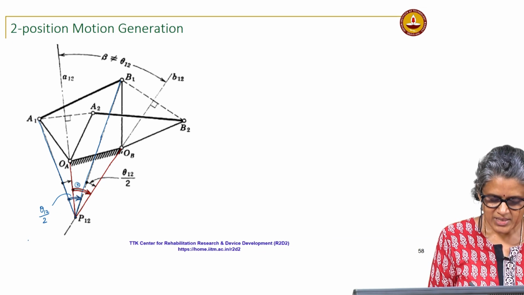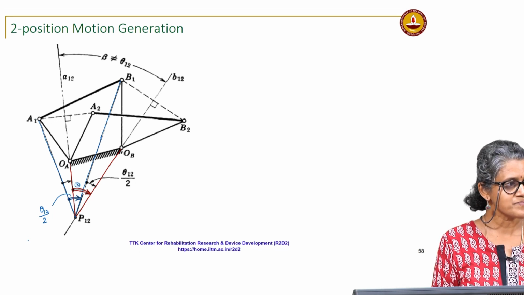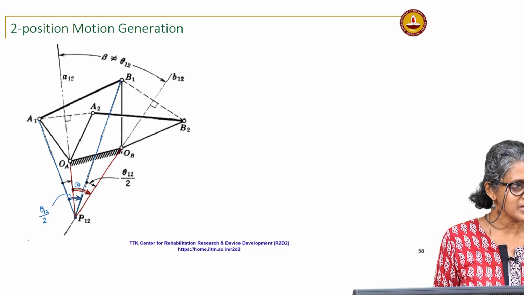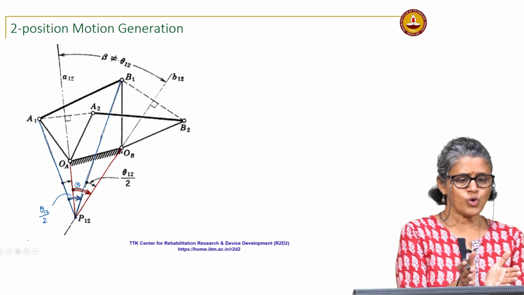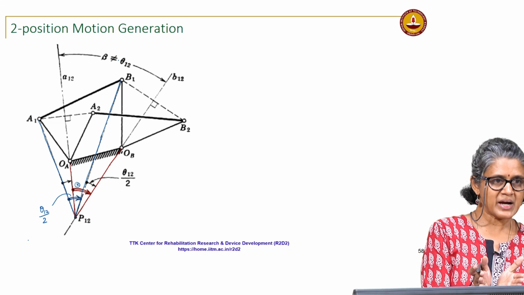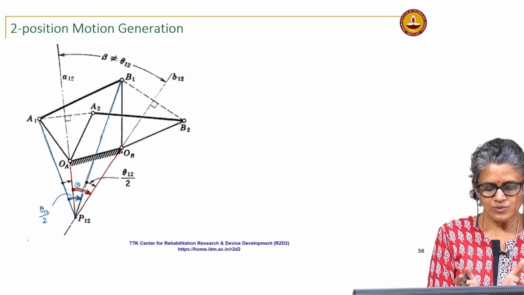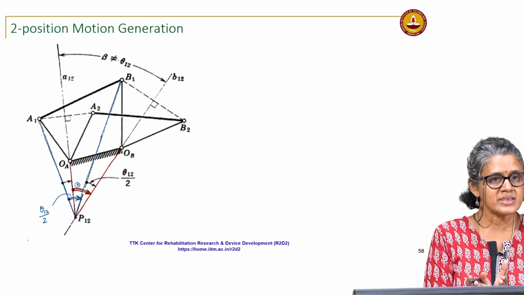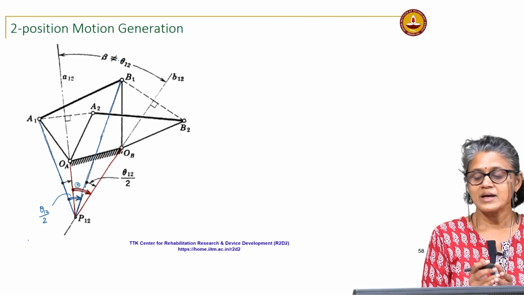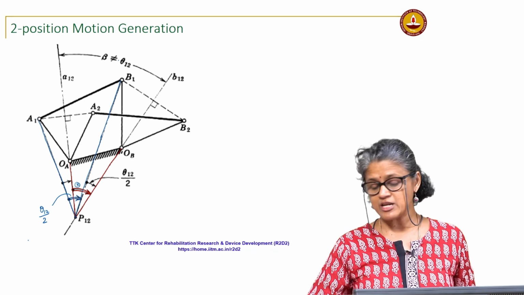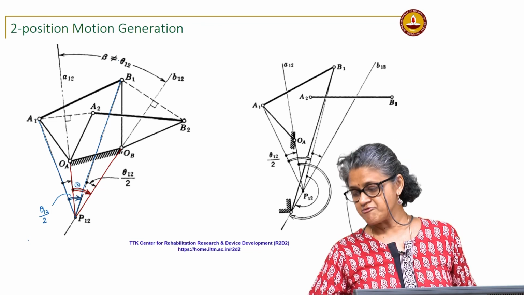So, this angle, the blue arrow, equals the red, equals that angle. That is, at the pole the angle subtended by the coupler is equal to the angle subtended by the frame. Okay. This is something that we will use later, or they will differ by 180 degrees.